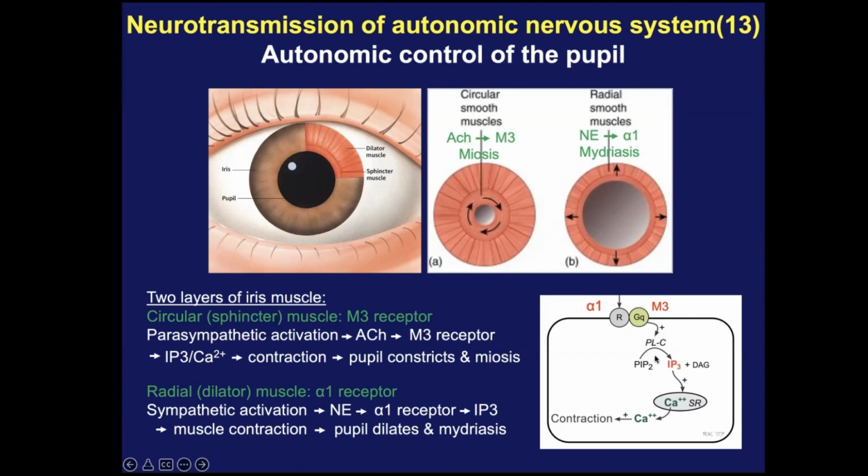Interestingly, by the same IP3 pathway, it will cause the contraction of the outer layer of the muscle. So the pupil will dilate, as shown here, which is called mydriasis.